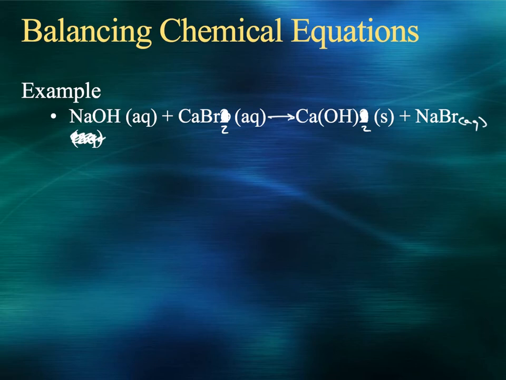So once we've already got our skeleton reaction, that part is done. Let's count up the number of atoms of each element on the reactant side. We've got 1 sodium, 1 oxygen, 1 hydrogen, 1 calcium, and 2 bromines.